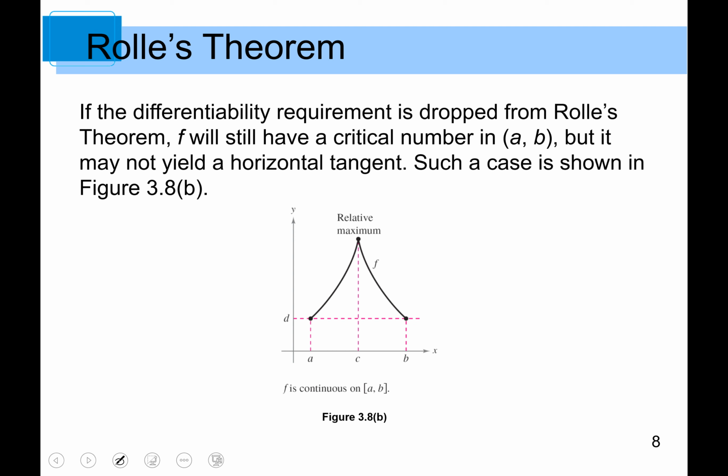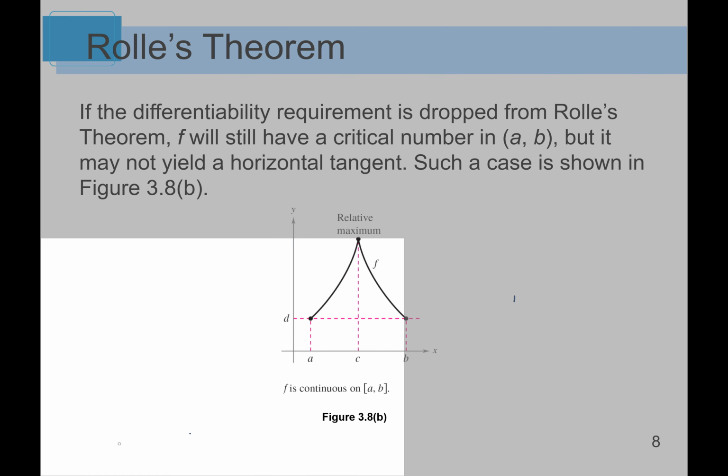So if we take off the differentiability requirement from Rolle's theorem, then f will still have a critical number in the open interval (a, b), but it may not yield a horizontal tangent. This is the case when we have a cusp.